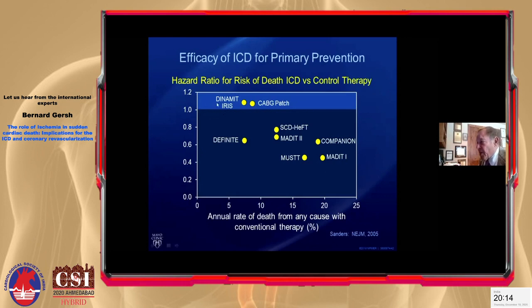The DINAMIT trial and the IRIS trial, both, I think, were from Germany, but IRIS certainly was. And the CABG Patch trial, which was a trial of defibrillator patches being placed at the time of bypass surgery. But those were the two that raised a lot of questions.